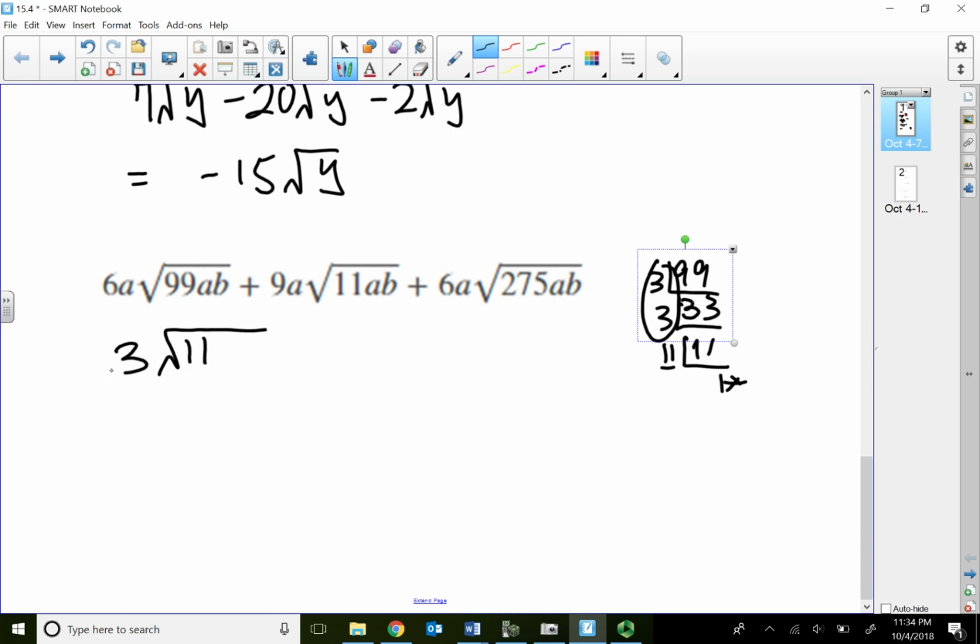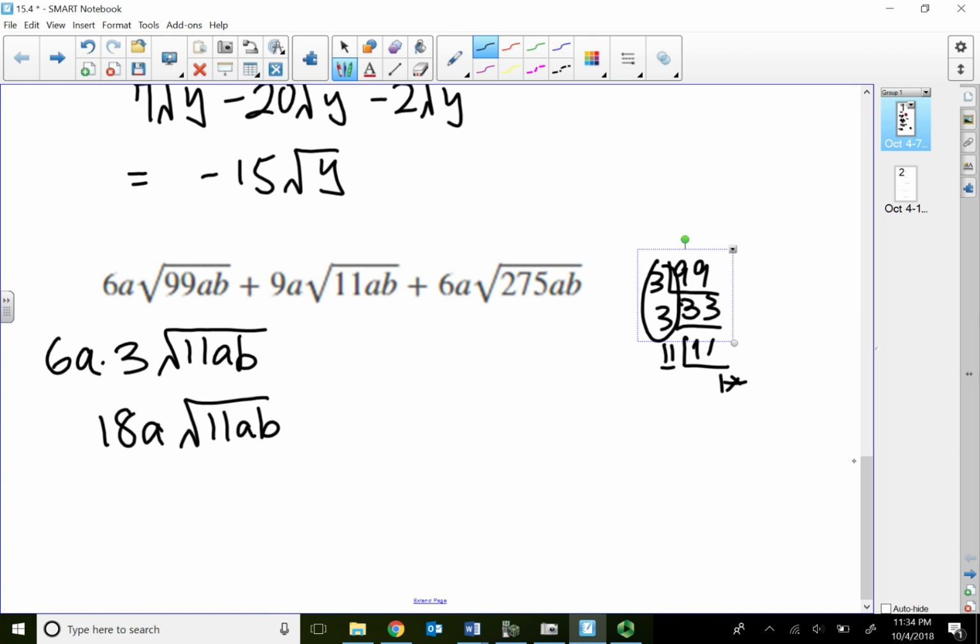All right. Remember now, on the outside, the 6 and the 6a are already on the outside. This 1a and 1b cannot come out, so that stays in. So this first term is really 18a square root of 11ab. Be careful now. Make sure what we have on the outside is able to combine with the other terms as well.